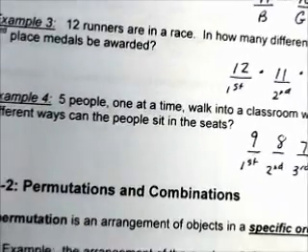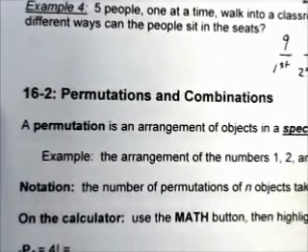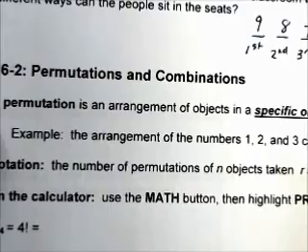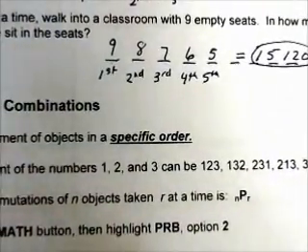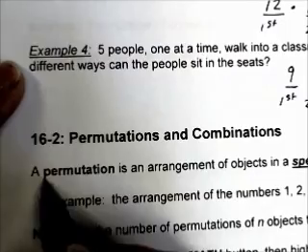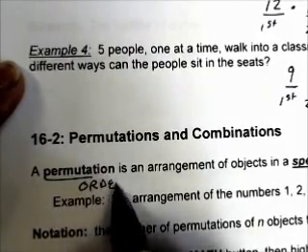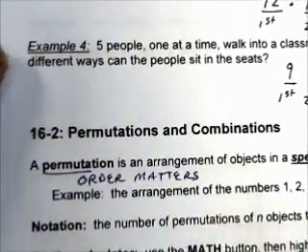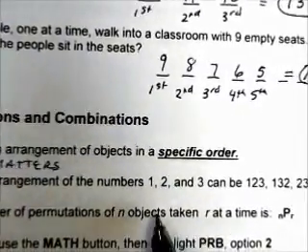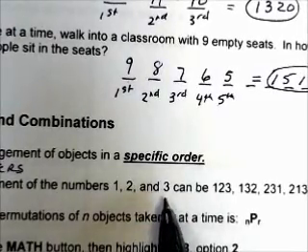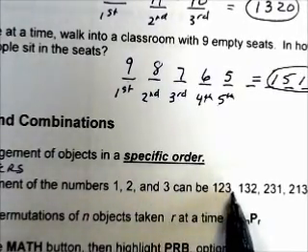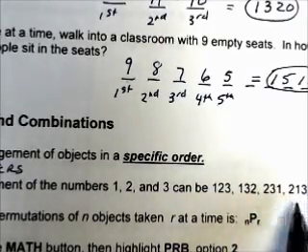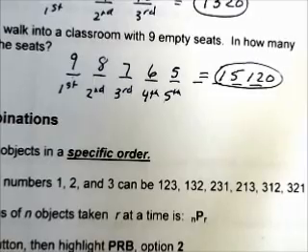Now, permutations and combinations. I want to have the calculator for some of these. A permutation is an arrangement of objects in a specific order. So whenever you have a permutation, order matters. For example, the arrangement of the numbers 1, 2, and 3 can be 1, 2, 3; 1, 3, 2; 2, 3, 1; 2, 1, 3; 3, 1, 2; or 3, 2, 1.